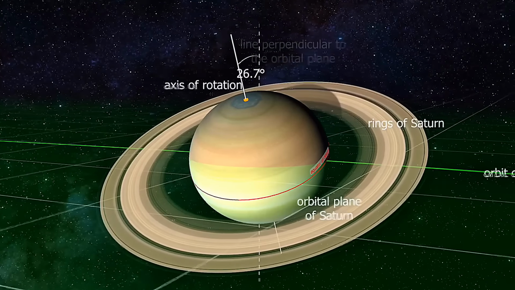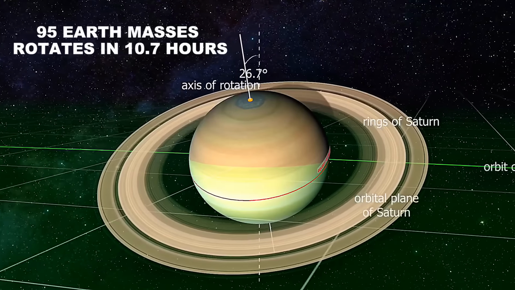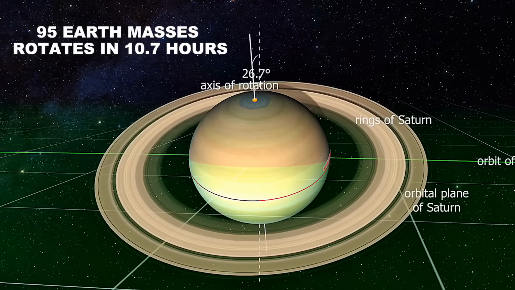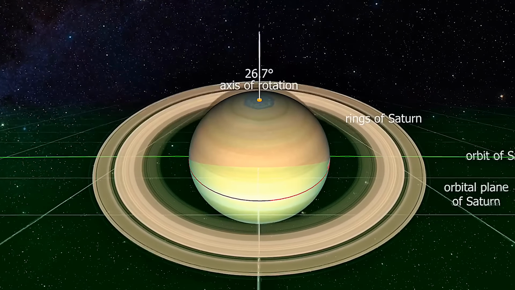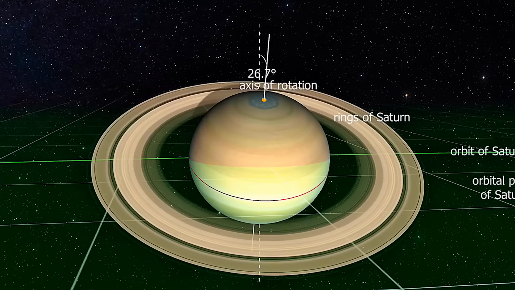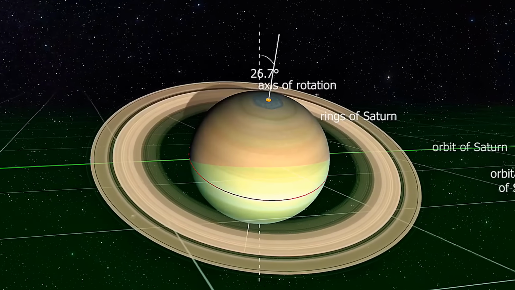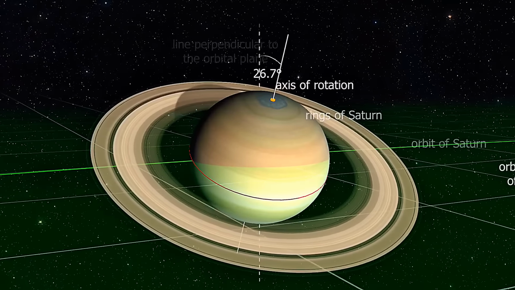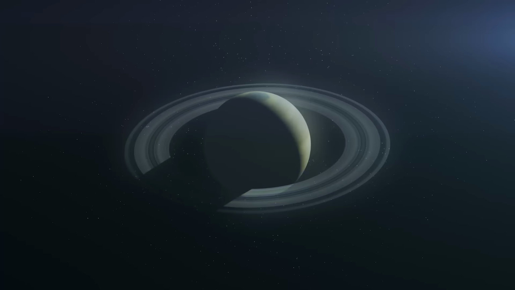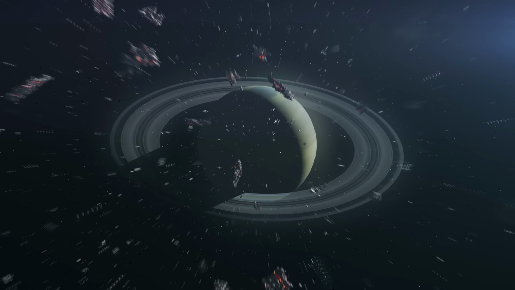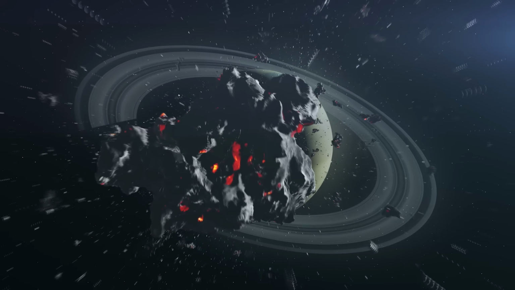Considering that the ringed planet has a mass equal to 95 Earth masses and rotates in 10.7 hours, it's natural to wonder what kind of impact could have generated such an inclination and when the event could have occurred. If it was an impact, the event must be placed in a rather narrow time window. Not too early, gas collection would have erased the traces, but not too late either.